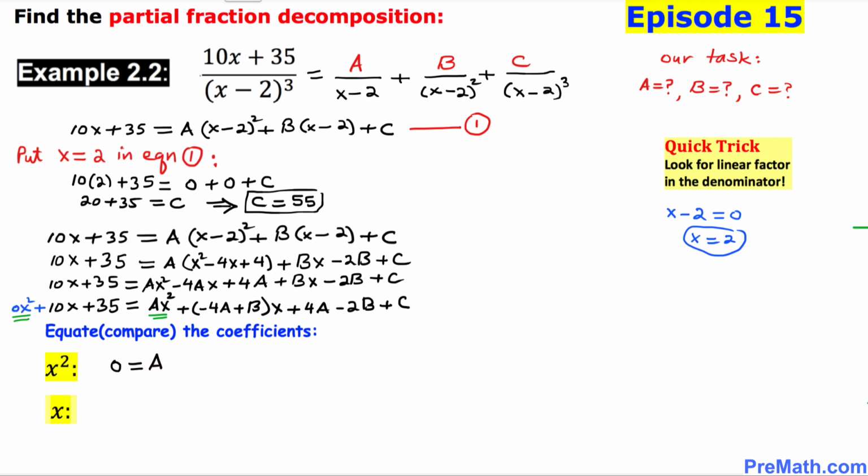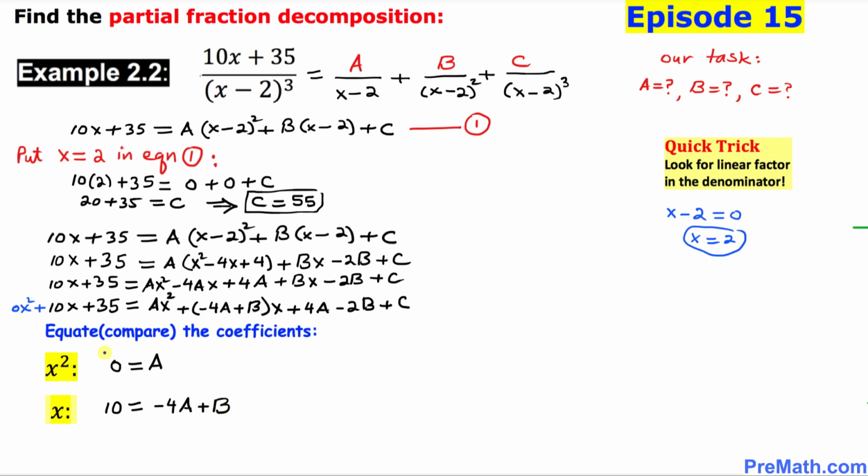And now next we are going to compare for x variable, and on the left hand side we got 10 over here, and on this side we got negative 4a plus b. So let me just write down, this is going to become 10 equals to negative 4a plus b.